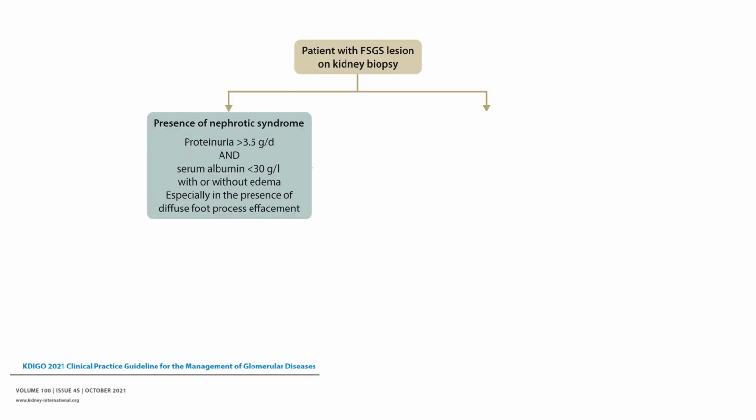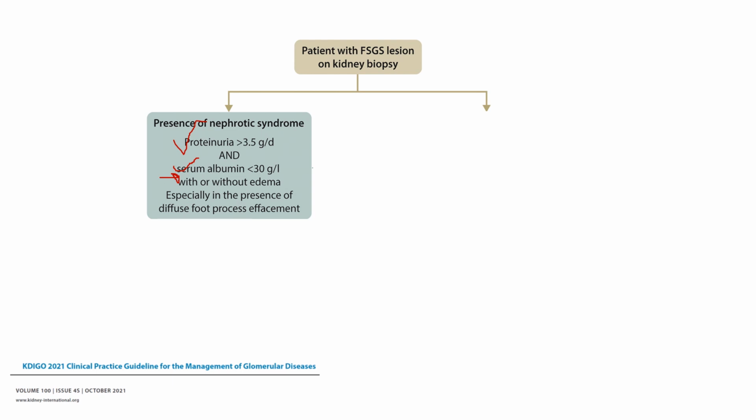Let's go through the approach of the management. You have a patient with FSGS lesion on kidney biopsy. The first question you will ask yourself, is there nephrotic syndrome? Yes, if there is nephrotic syndrome, which means the patient has proteinuria more than 3.5 gram per day, serum albumin less than 3 gram per deciliter, with or without edema.